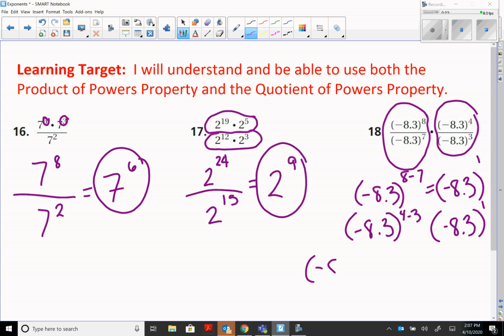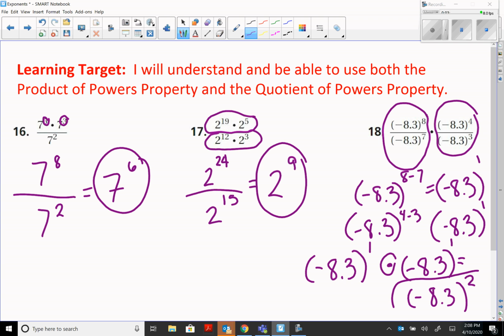I have negative 8.3 to the power of 1 times negative 8.3 to the power of 1. Same base number, I'm multiplying, so I add the exponents. 1 plus 1 is 2, so my final answer would be negative 8.3 to the power of 2.